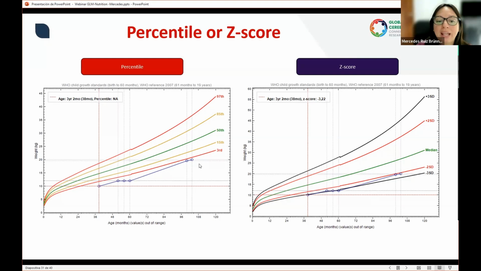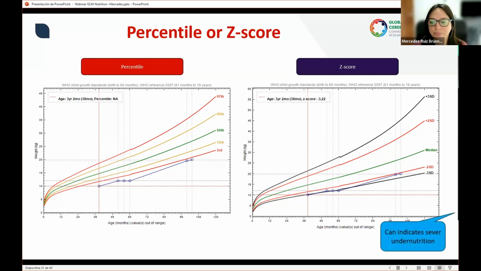So the 3rd percentile is closer to the -2 z-score, and the -3 z-score gives us the level of severe undernutrition or severe underweight. So it's important to evaluate with z-score to have a more precise underweight or malnourished diagnosis.